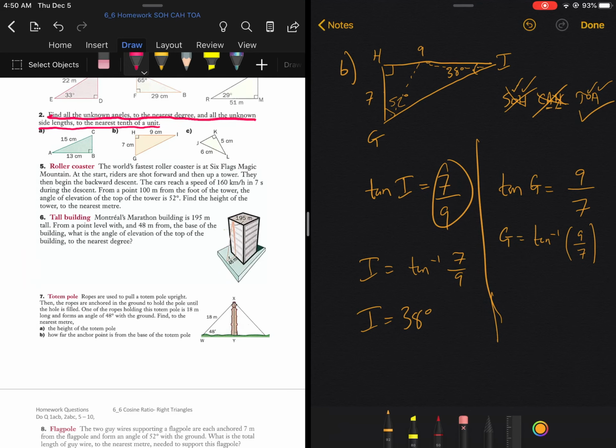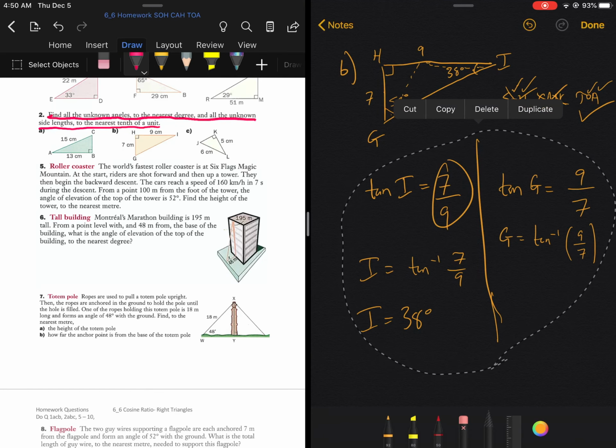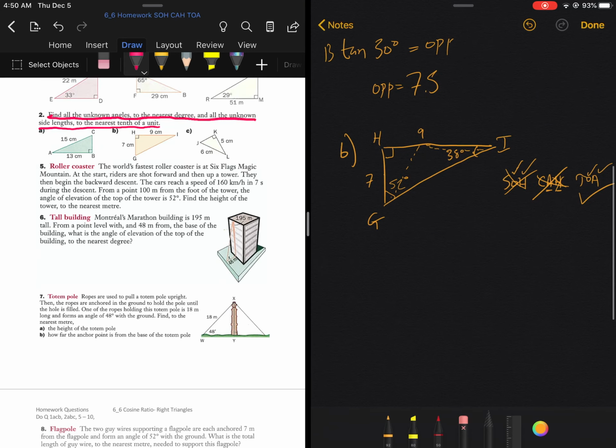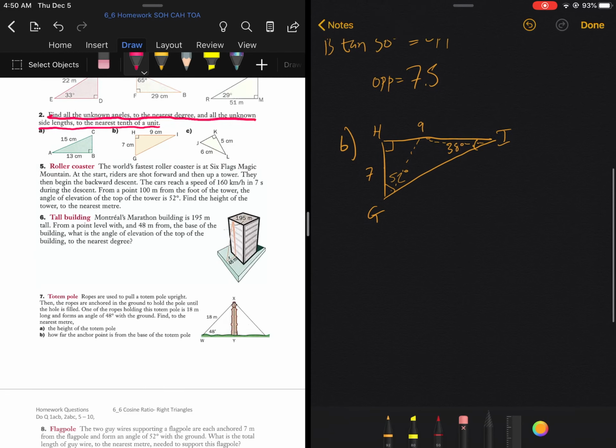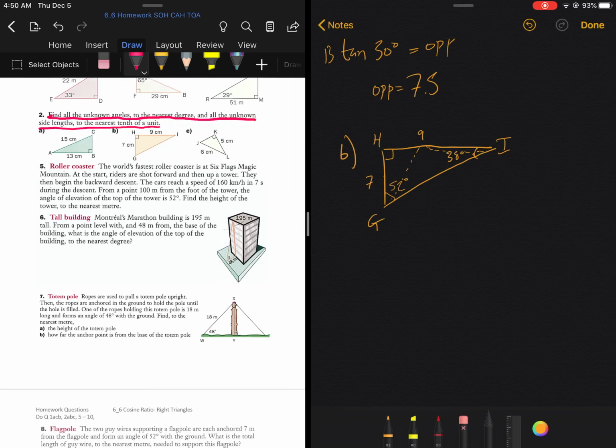And we can use the cos ratio or the sine ratio. Let's use the cos ratio. There's two ways to get this hypotenuse.